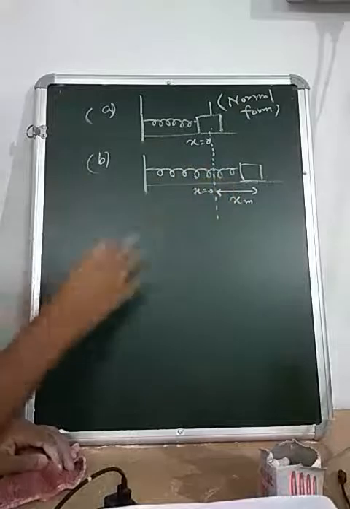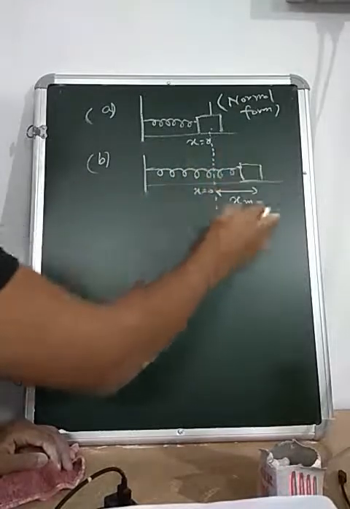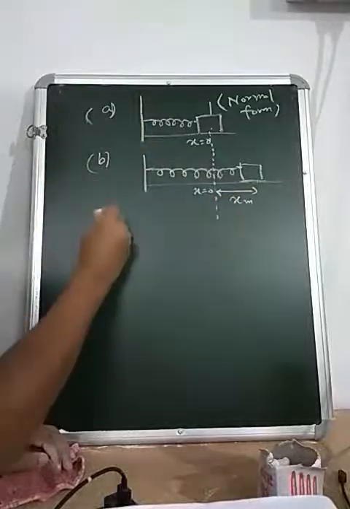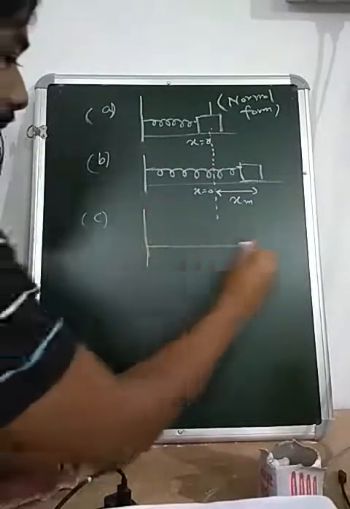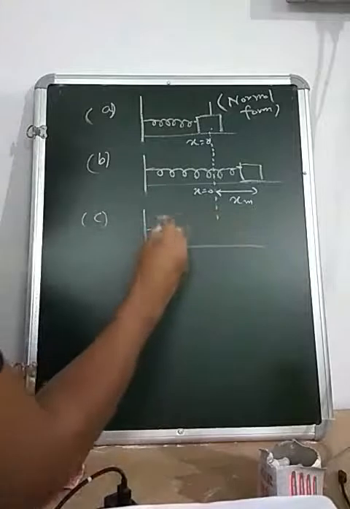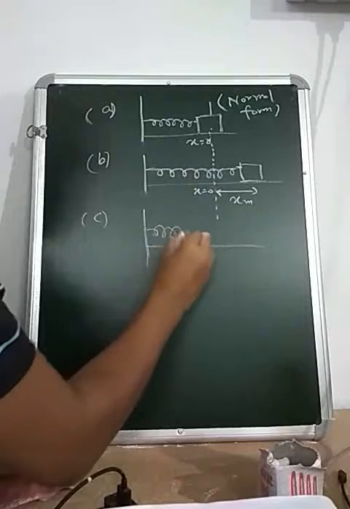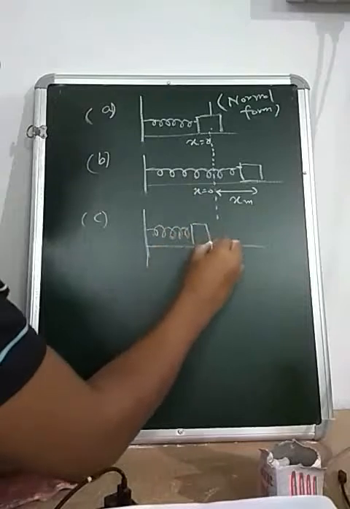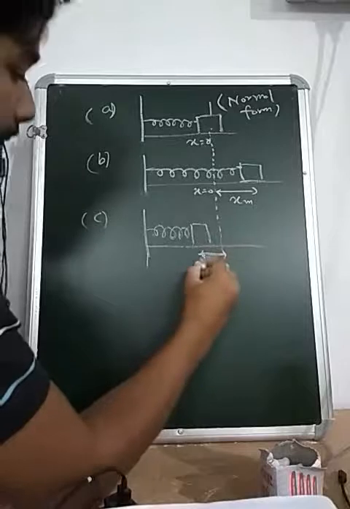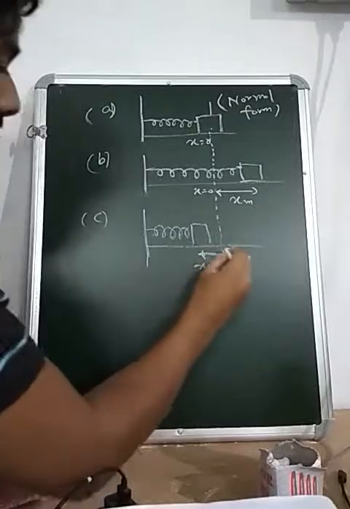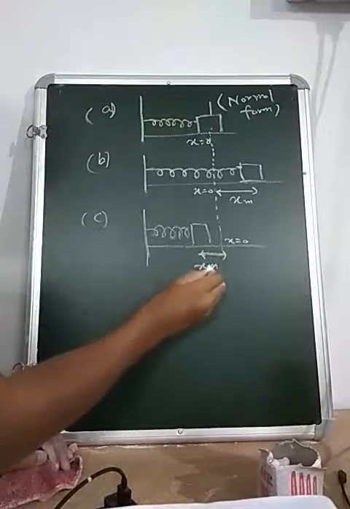So in the second case, case B, what we do? We extend or expand the spring up to distance xm. In the third case, case C, we compress the spring at a distance xm.